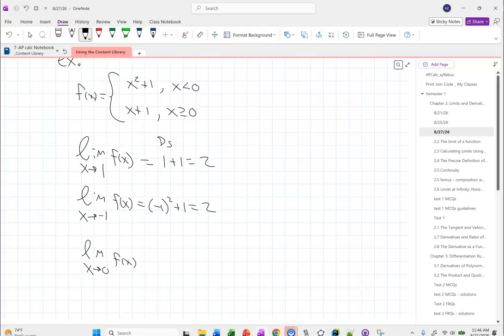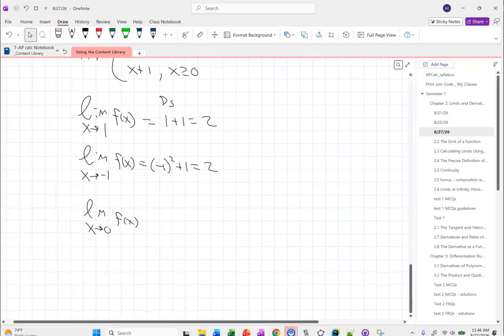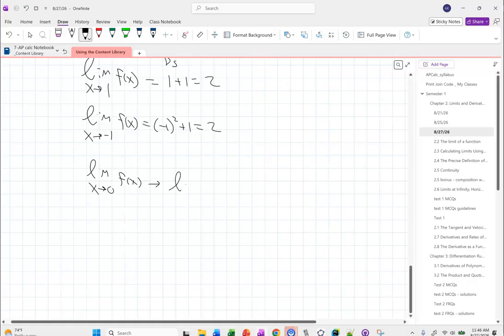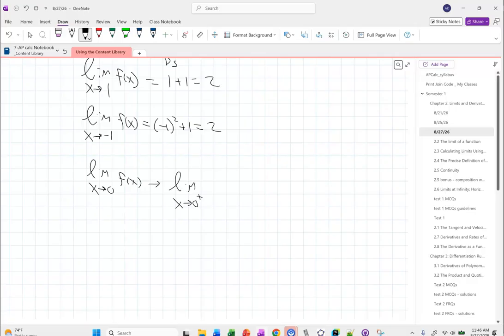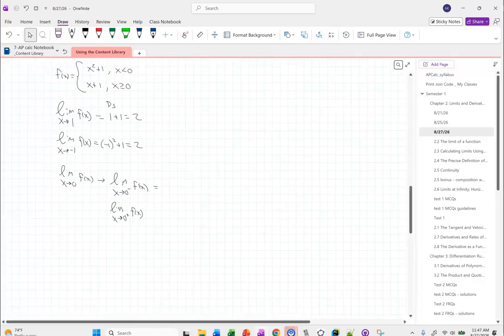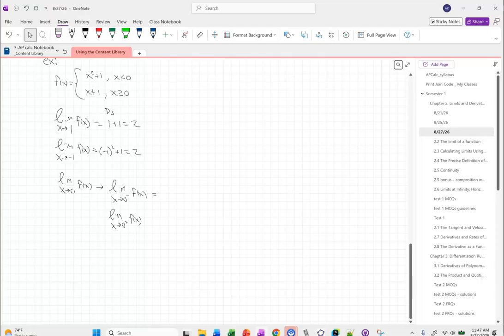I'm going to need to use the definition of a limit. When does a limit exist? Good. When the left-hand limit equals the right-hand limit. So I want to check the left-hand limit and the right-hand limit. I need to check both of these. Which piece of my piecewise function am I going to use for the left-hand limit, the quadratic or the linear?